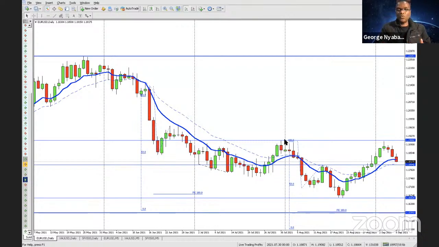Okay. And once you mark that, and you have a look to the left, you say, oh, okay, that level was always significant for the market, because we had a very strong bear breakout. We had follow through and another follow through. Fantastic. Everything ticks in terms of a bear breakout.